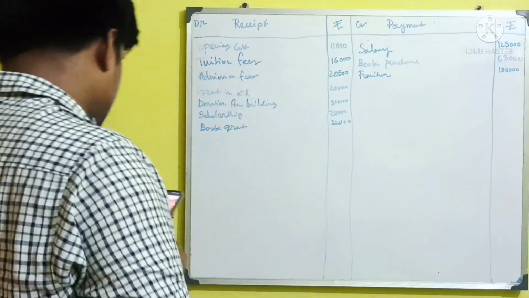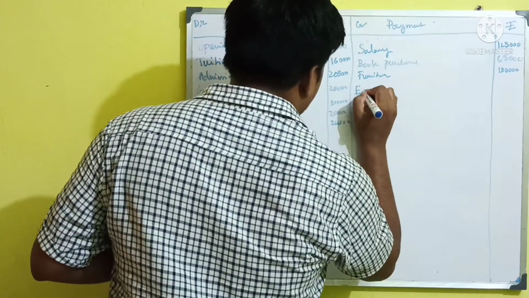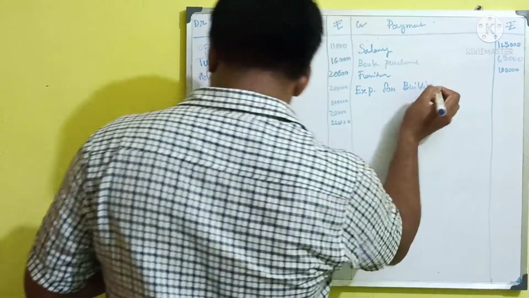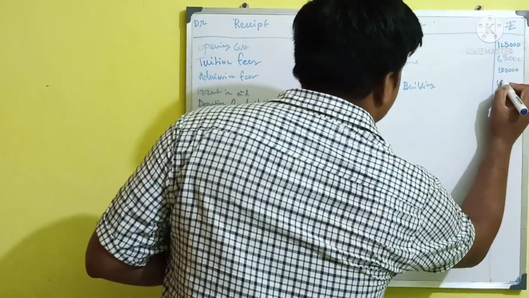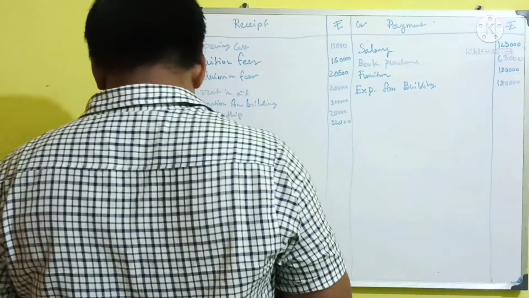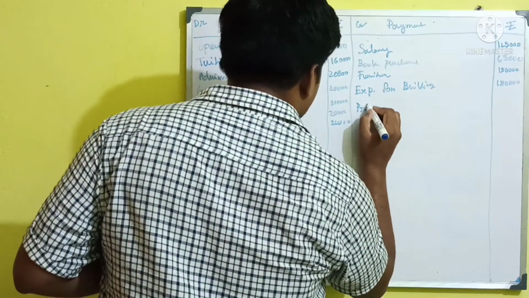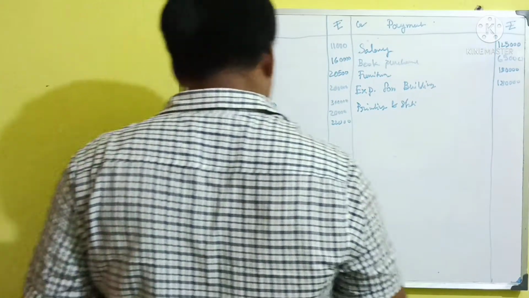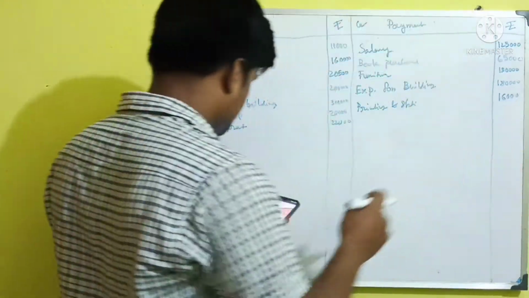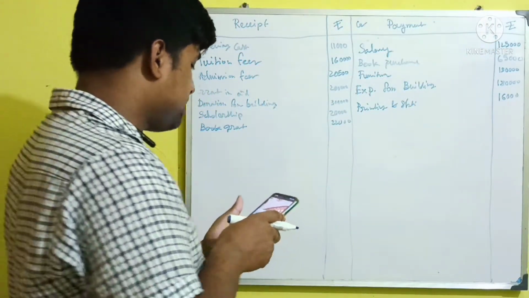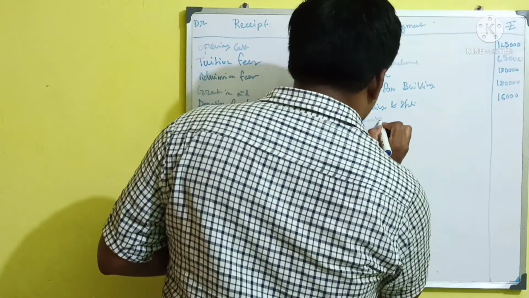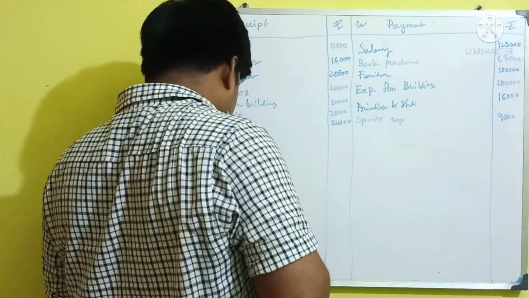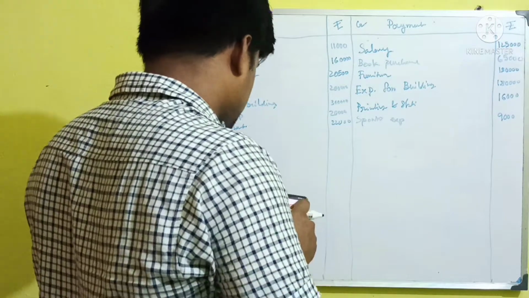And the expenses for building rupees 1,80,000. Printing and stationery, rupees 16,000. Sports expenses, rupees 9,000. It is an expenses entry, so we have to write it down in the payment side.